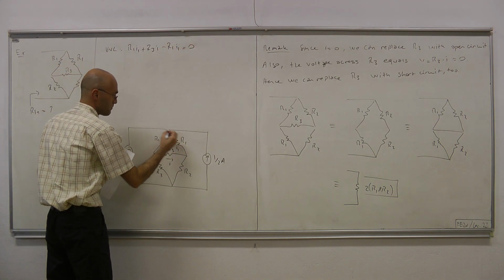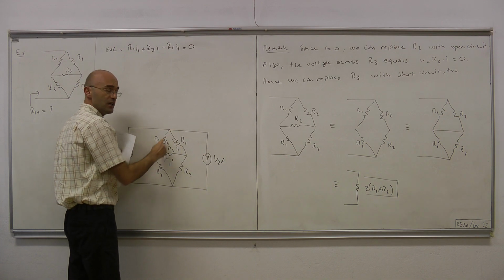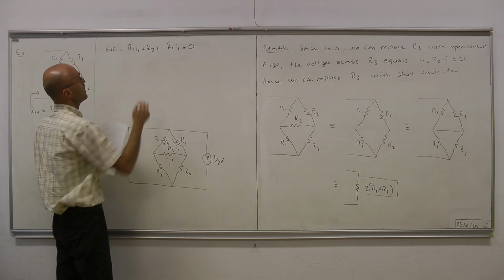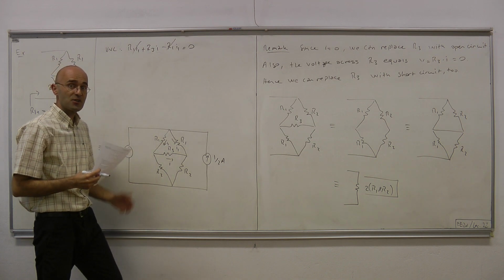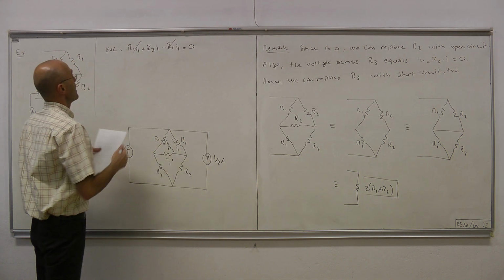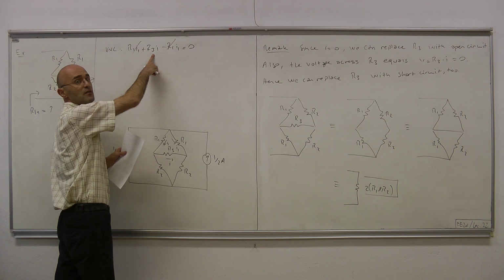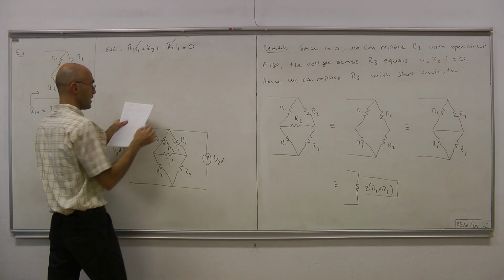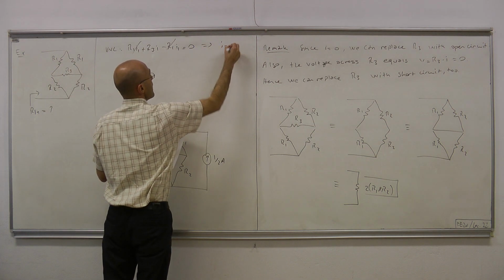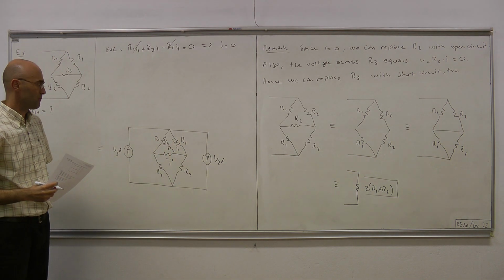So we have written KVL in this inner mesh, the R1, R1, R3 mesh. This and that cancel no matter what I1 is, and what we are left with is R3 times I equals 0. From which we see that I equals 0.